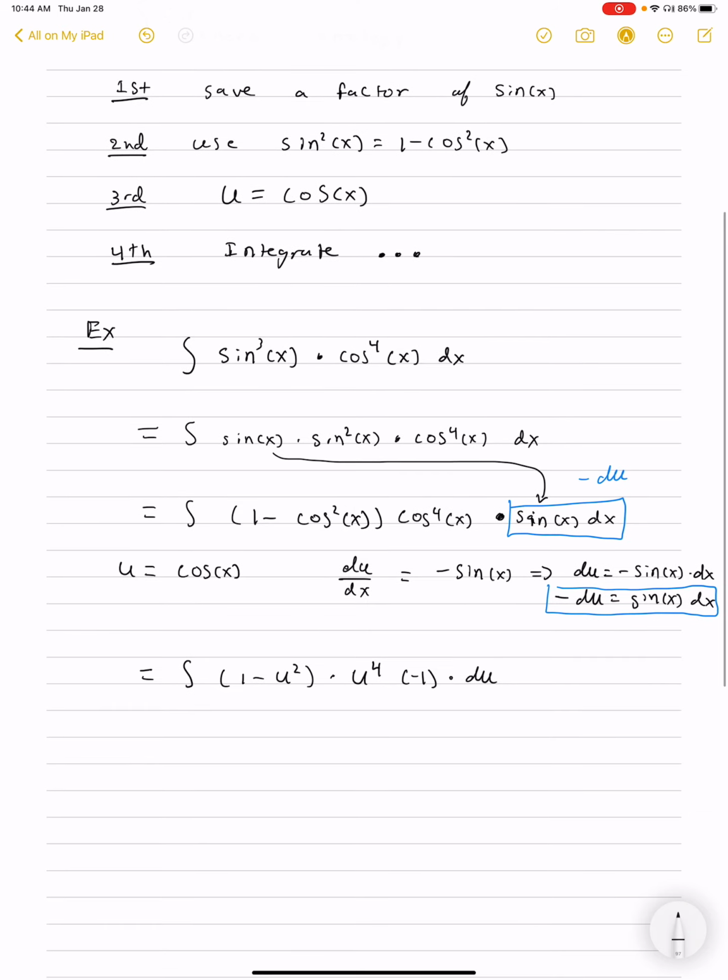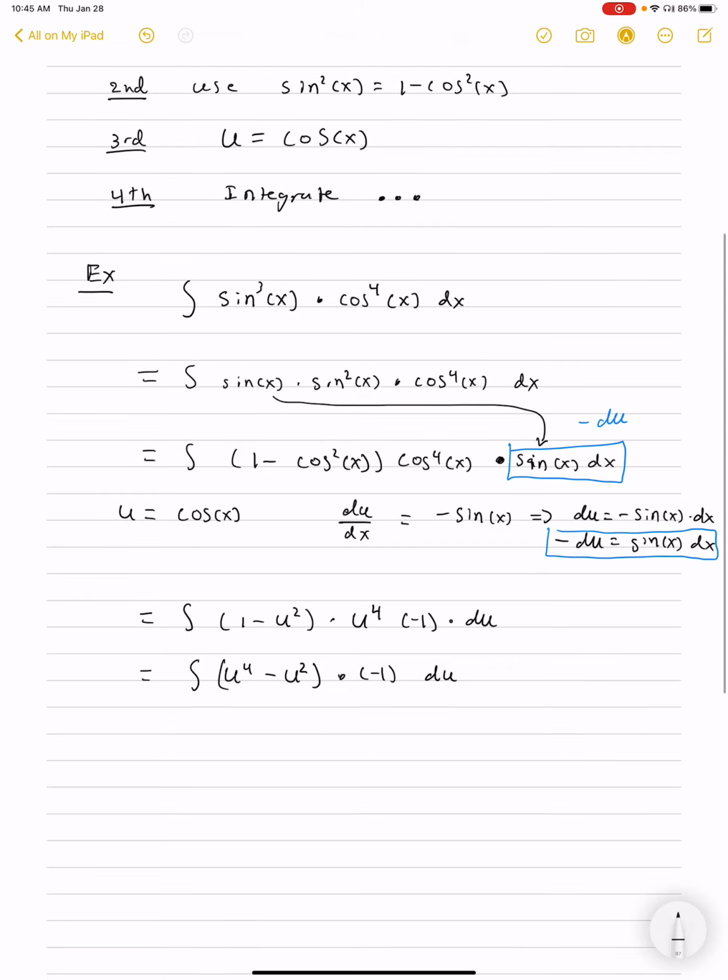Now we're going to FOIL this, and I'm going to get u to the fourth minus u squared multiplied by a negative 1 du. And then I'm going to distribute the negative 1, and that's just going to reverse the order. So this will be positive u squared minus u to the fourth du.